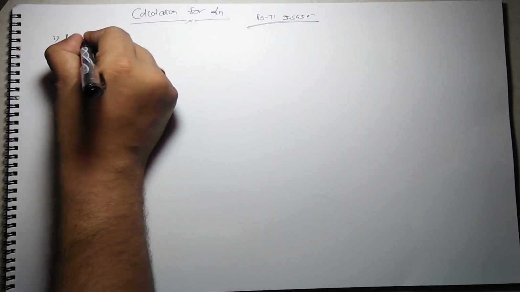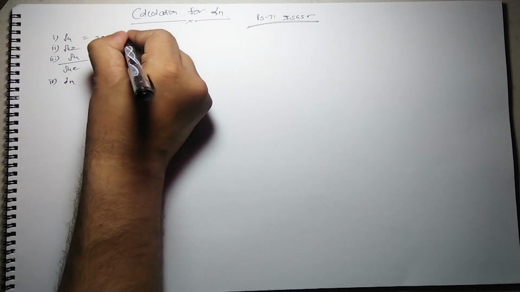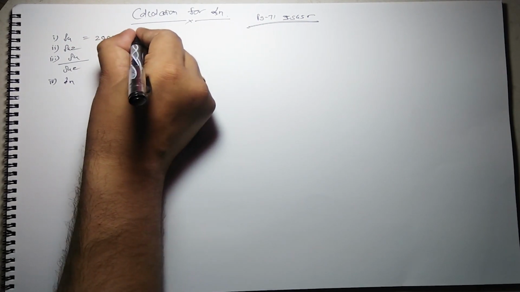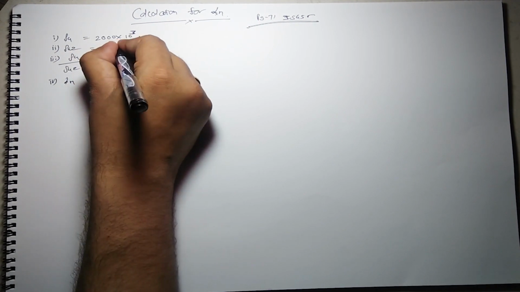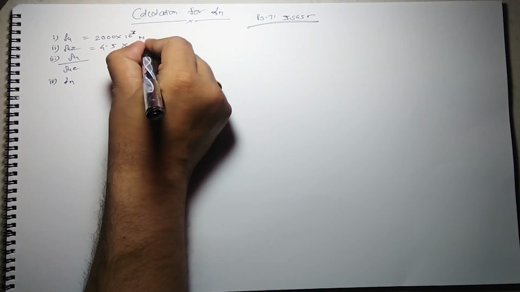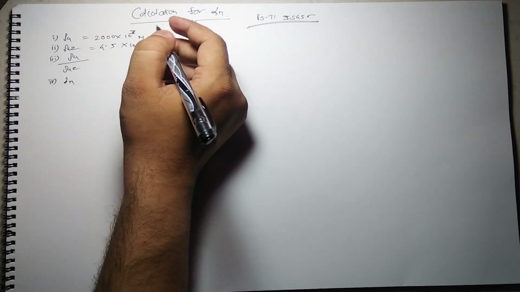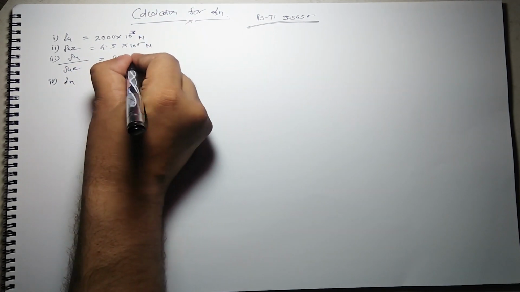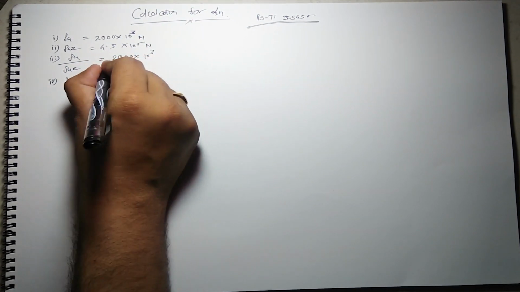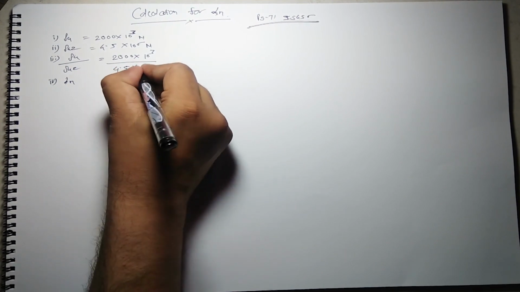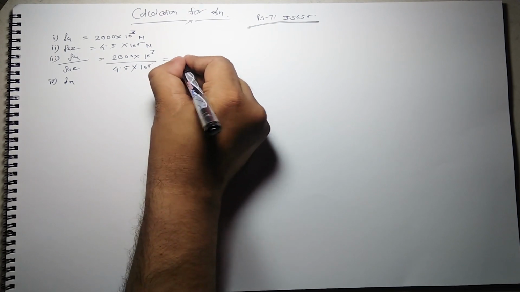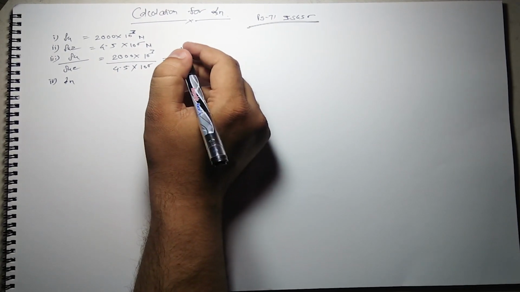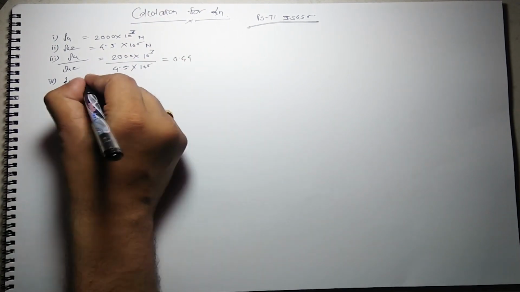So we have ultimate load 2000 into 10 to the power 3 Newton. Puz we have 4.5 into 10 to the power 6 Newton, and the ratio is 2000 into 10 to the power 3 divided by 4.5 into 10 to the power 6. So it is coming out to be 0.44. So what is the value of alpha n?